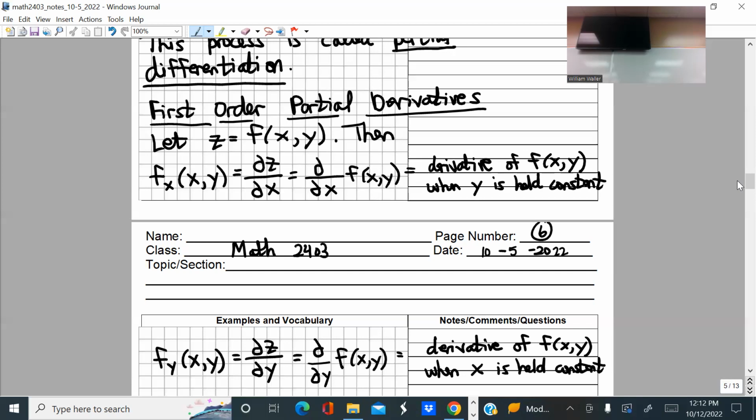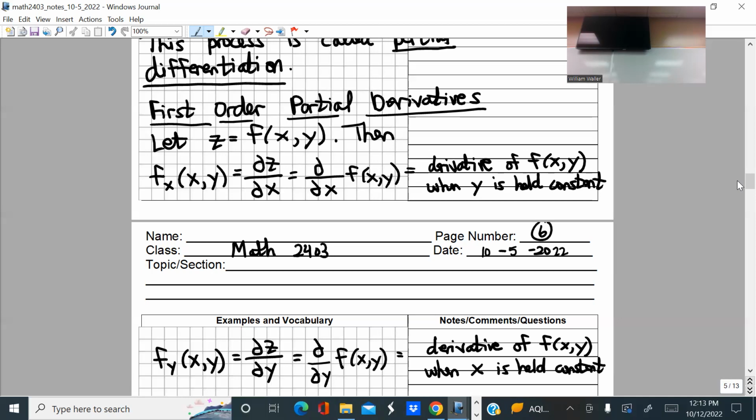So how do I read partial z, partial x? I would still say x. Same thing. That means partial differentiation with respect to x. That denominator tells you the variable to differentiate with respect to.